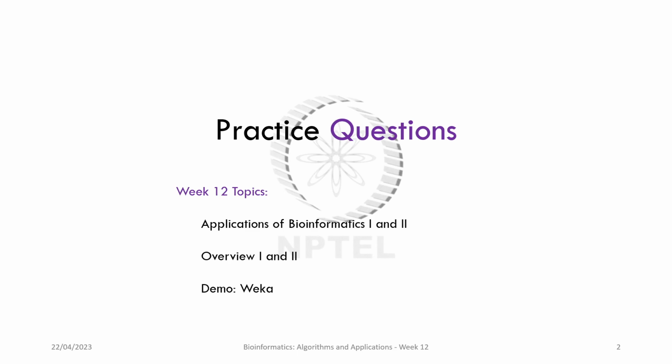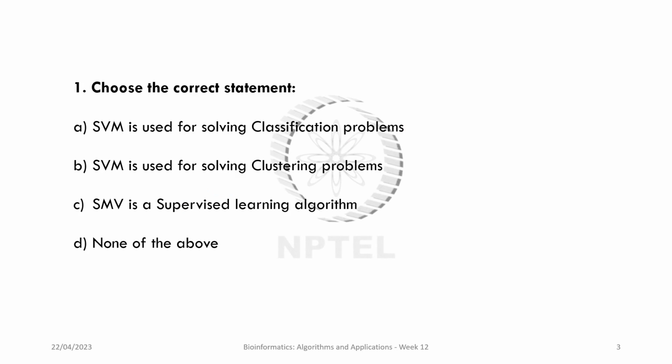Okay. So this week the practice questions are majorly on applications of bioinformatics parts 1 and 2, and overview parts 1 and 2 of all the topics that we've been discussing, and also cover the demo of Weka. Let's start with the first question.